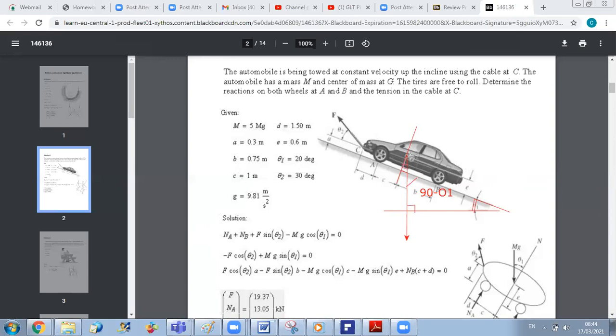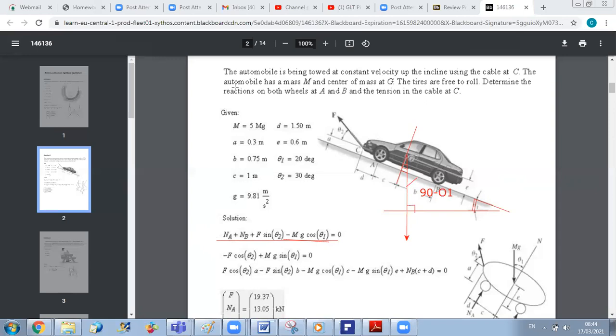So you can say that the angle between the weight and Y is theta 1. So when you project on Y, you should do cosine theta 1. And since it's a negative projection, it's minus mg cosine theta 1. Okay? In this way, I get my first relation, which represents sum of Y equal to 0.